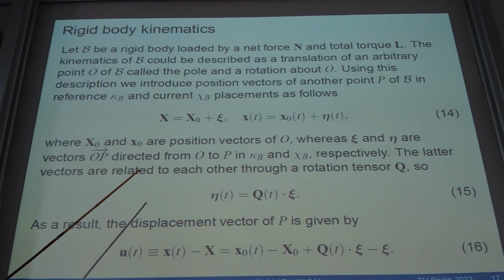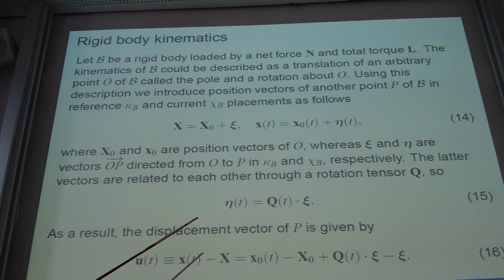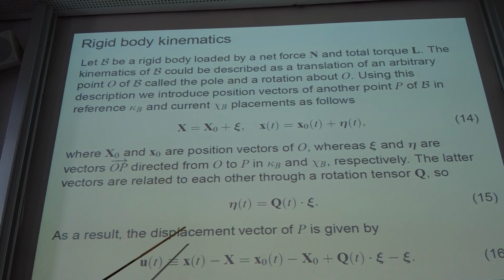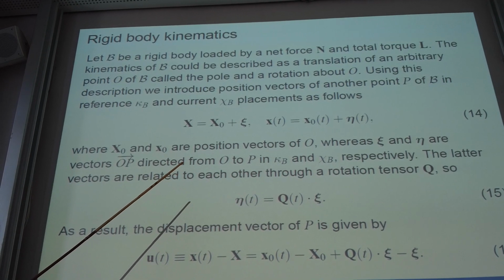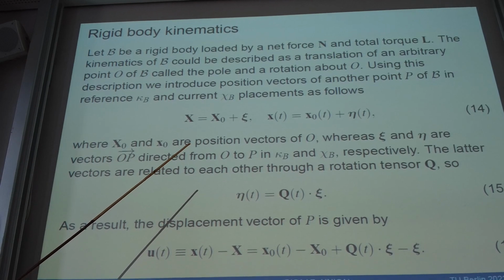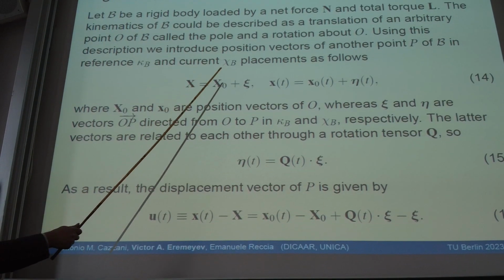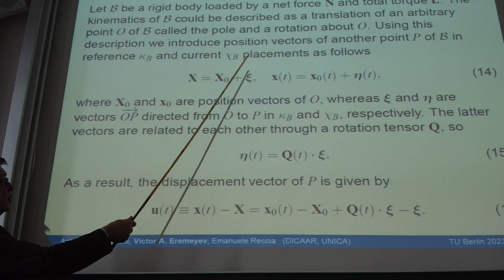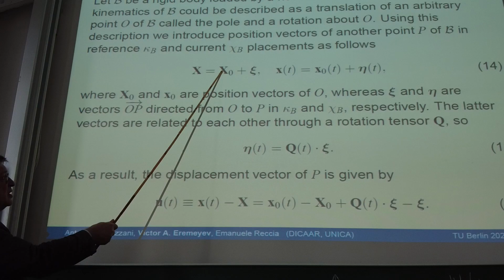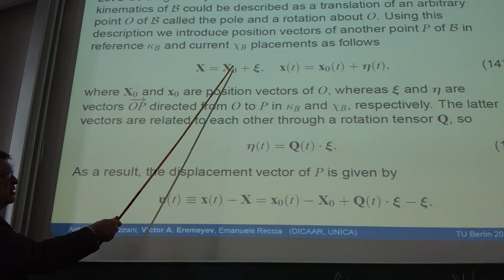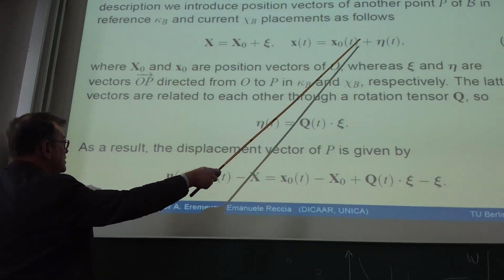To complete my model, we consider rigid body dynamics exactly like in the previous case. We have positions in the reference placement and actual placement of any point, and for any point we use some reference position called the pole, so we have this representation.